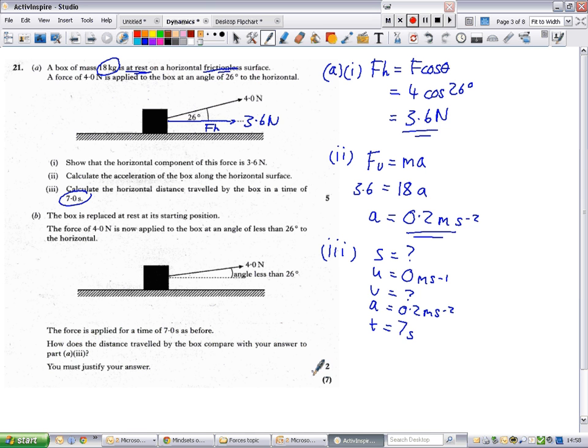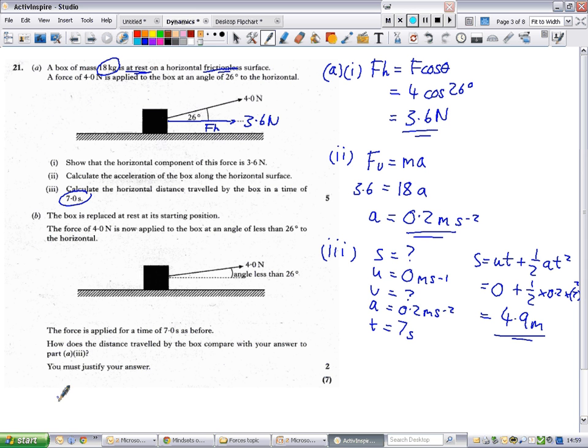So we're looking for S, and we've got U, A and T. It's not hard to see that it's S equals UT plus a half AT squared. So this will be 0 plus a half multiplied by 0.2 multiplied by 7 squared will give us a displacement of 4.9 meters.